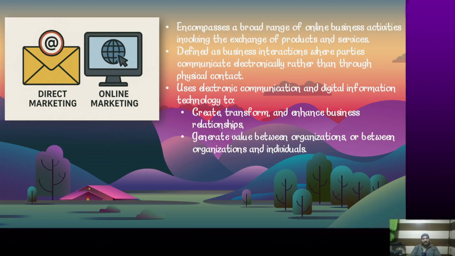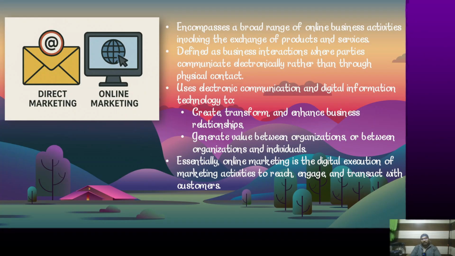But when you only have to send them an email of the coupon, you can reach a larger audience. So the use of electronic communication and digital information can be used to create, transform and enhance business relationships, and generate value between the organization and the individuals.